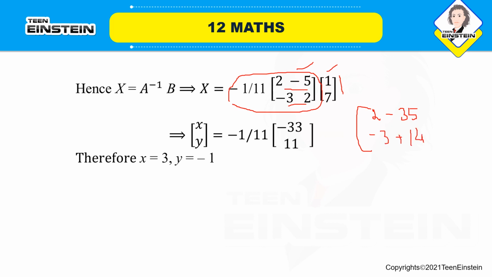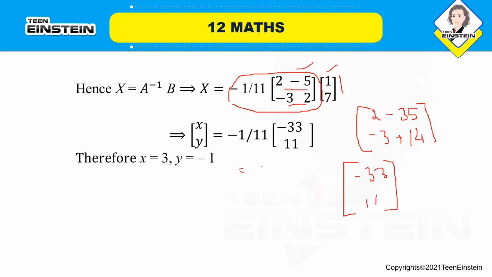So on simplification, 2 minus 35 is minus 33, and minus 3 plus 14 is plus 11. So the column matrix is minus 33, 11. Now bring this minus 1 by 11 inside the matrix.